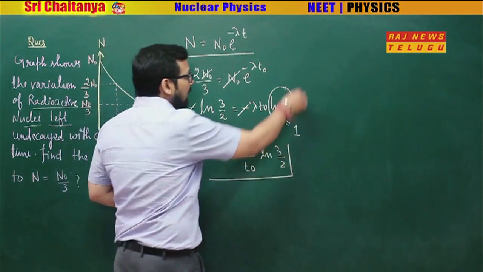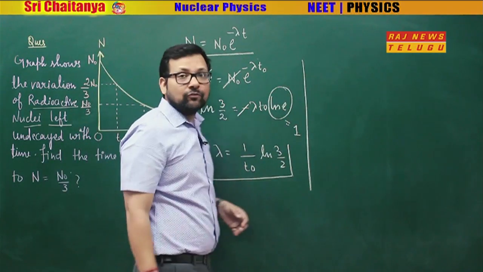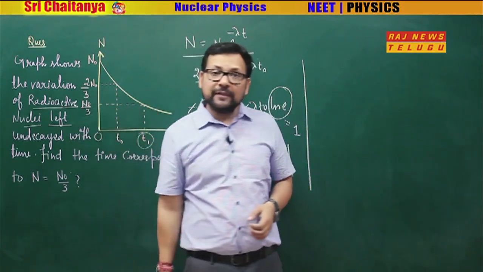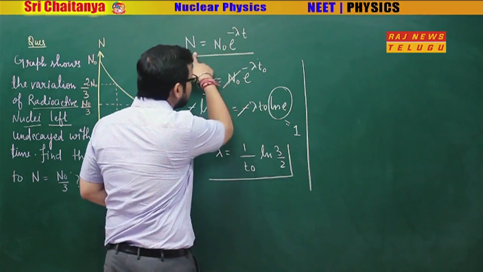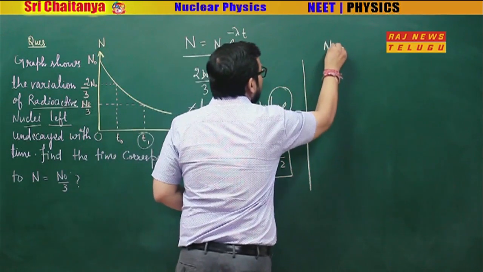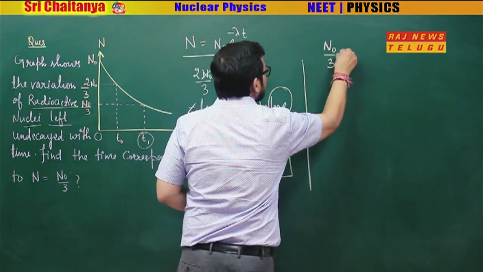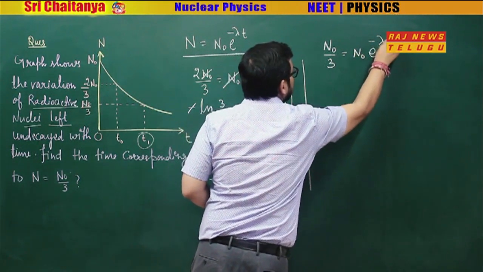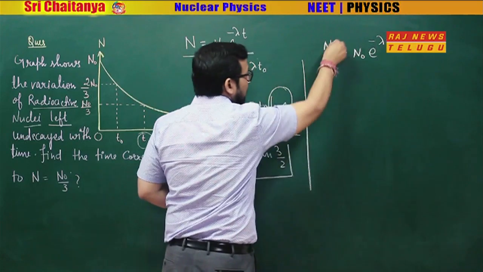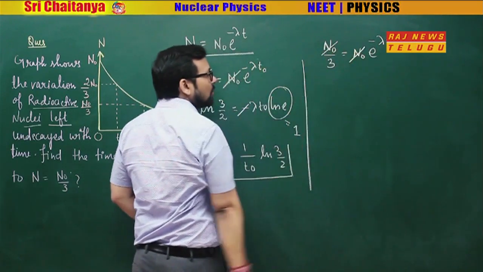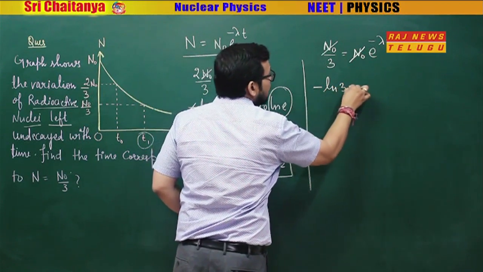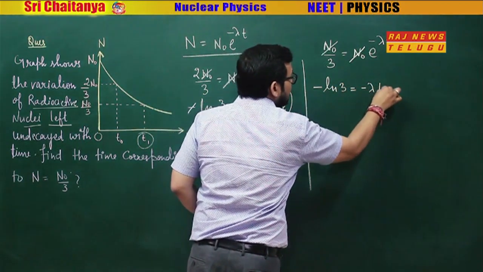Now moving to the actual requirement, and that is obviously t1. So corresponding to t1, what is N? N naught by 3. Again by using this formula, N naught by 3 is equal to N naught e raised to power minus lambda t1, and t1 is required now. Again taking log on both sides, we can write minus ln 3 is equal to minus lambda t1.